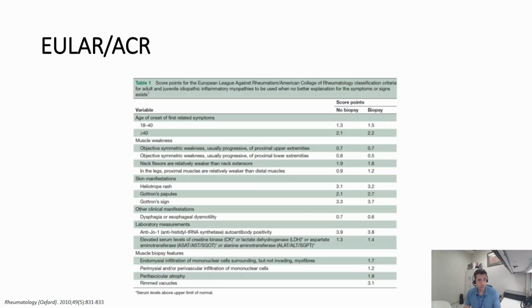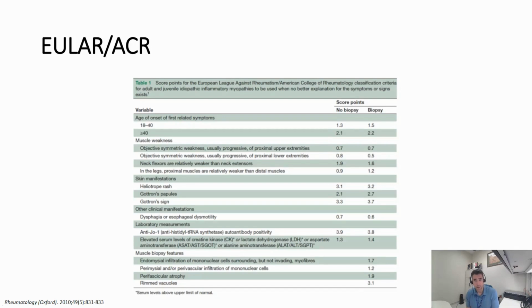And there are several other variables like muscle weakness, skin manifestations, clinical manifestations, laboratory measurements, and muscle biopsy features, each of which, if present, is associated with a specific score. I'll highlight that an aggregate score of around 5.5 with a biopsy would be indicative of a myositis.